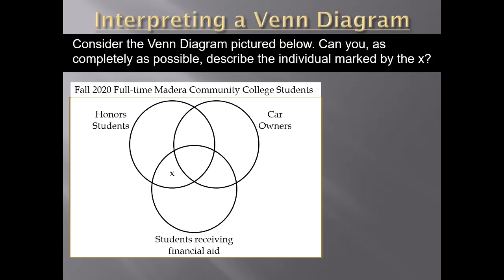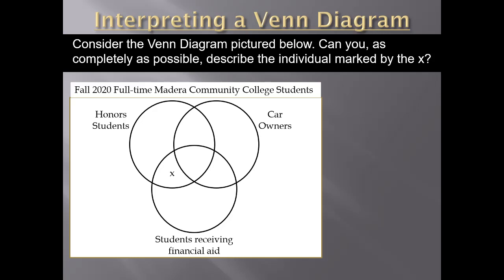Okay, so people will often make the mistake of not including certain information. For instance, when they're describing the individual, they forget the information in the population description. That individual X is part of that population.